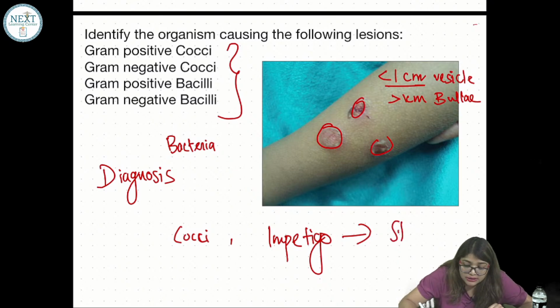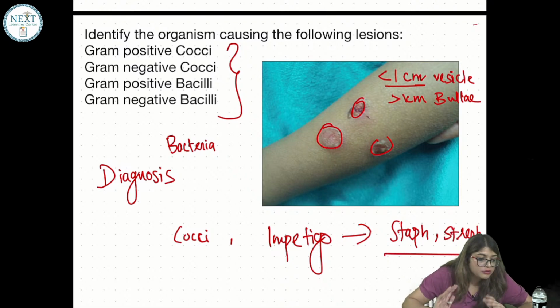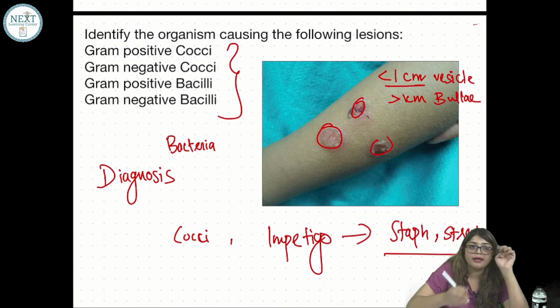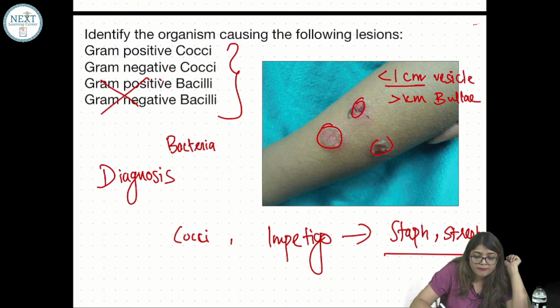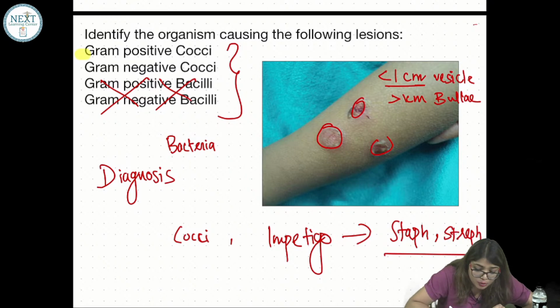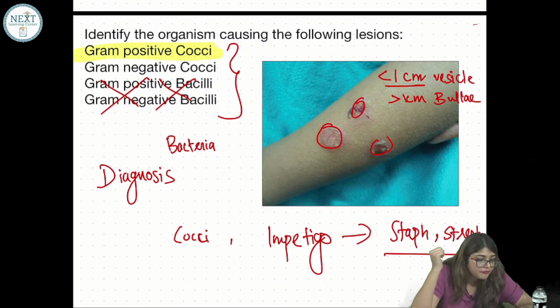Impetigo is caused either by staph or strep, and both Staph aureus and Streptococcus are cocci. So take out the bacilli, and both of them are gram positive, so the answer here is gram positive cocci.